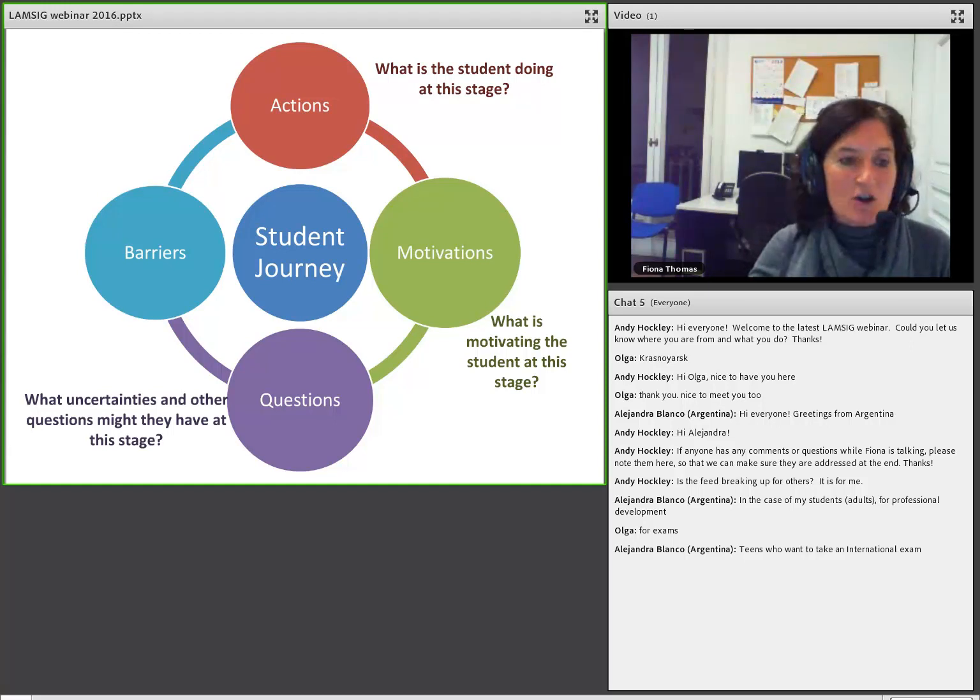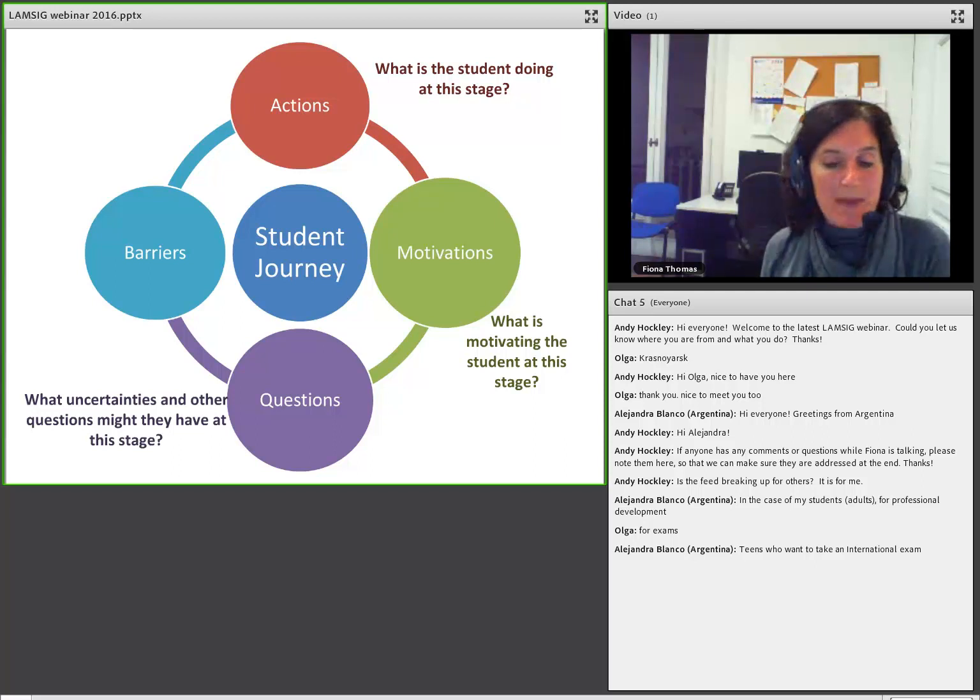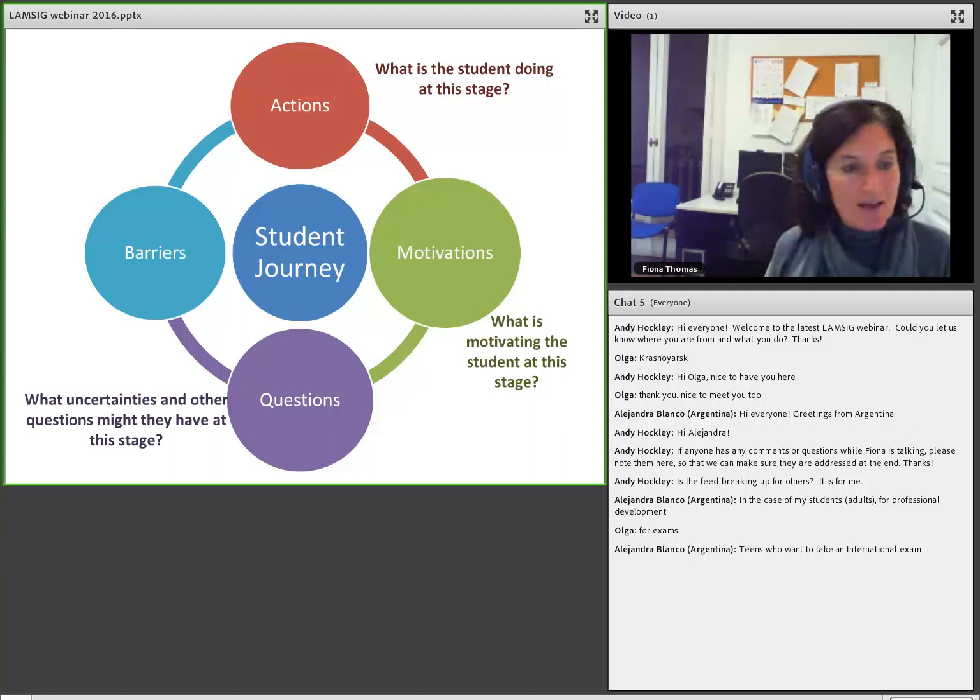And then you've got the issue of questions. It's useful to ask yourself what uncertainties and other questions the student might have at this stage. So what questions do you think they might be asking? They might be asking things like, do I have to pay for the course at the beginning?